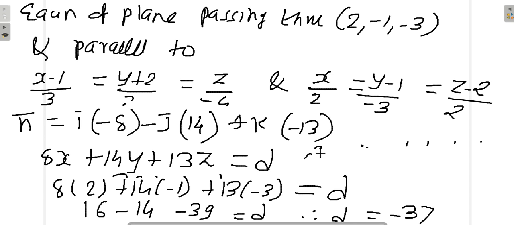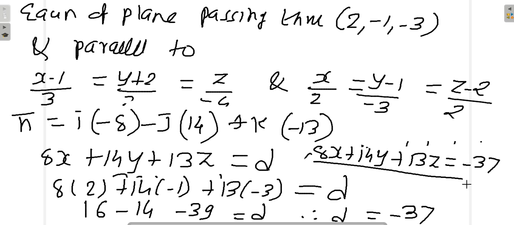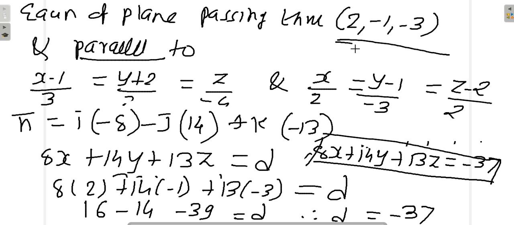So the answer is 8x plus 14y minus 37. This is your final answer. Please note that these lines are parallel, they do not lie on the plane. So these points do not lie on the plane, they are given a point on the plane as (2, -1, -3).